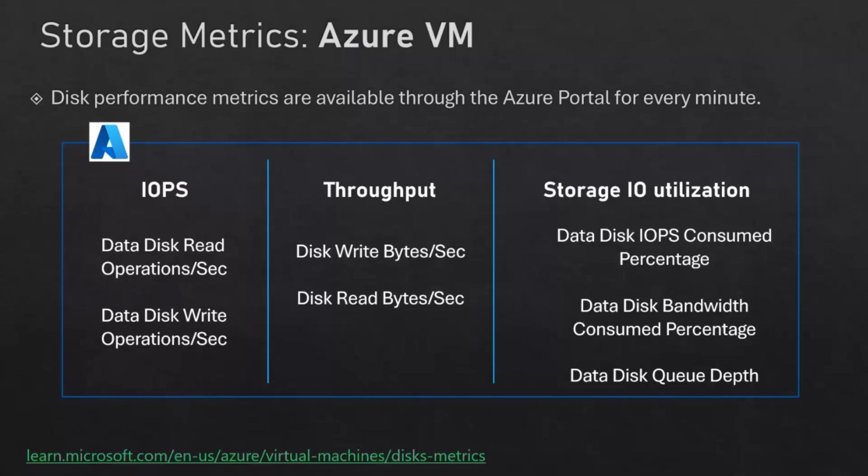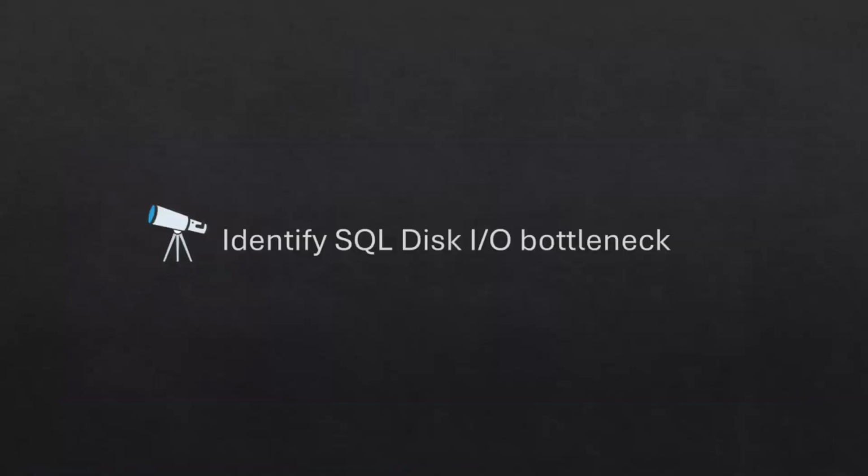Now let's say that you have an issue, right? What do you do if a performance issue has been reported? We need to know how we can identify if there is actually a disk related issue, right? So we'll move to the next thing, where we say I need to identify my SQL disk bottleneck, right?